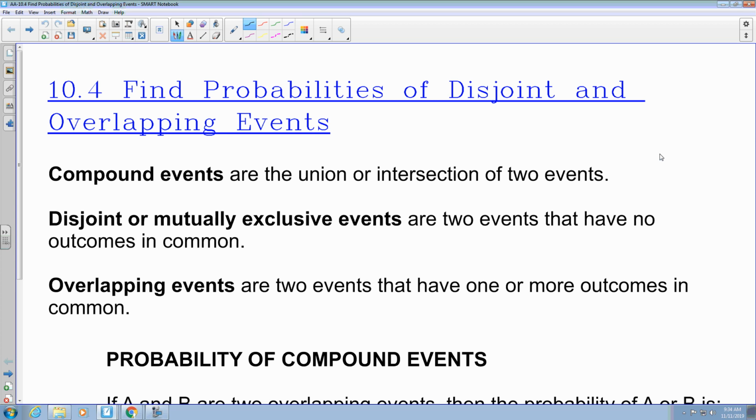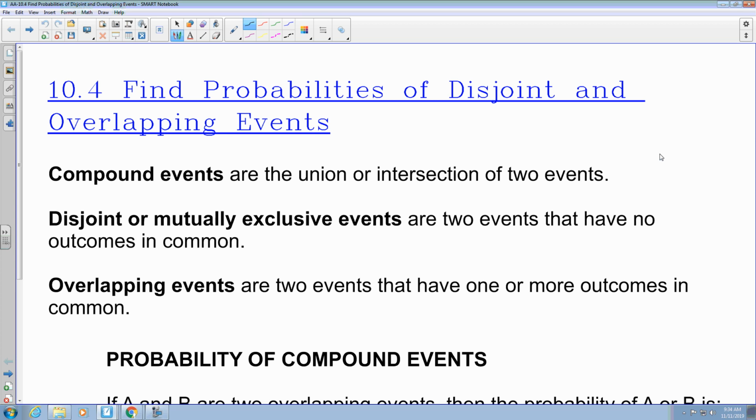Anytime we're trying to find multiple probabilities, basically, we're trying to find what is called compound events. Compound events can be either a union or an intersection of two events.